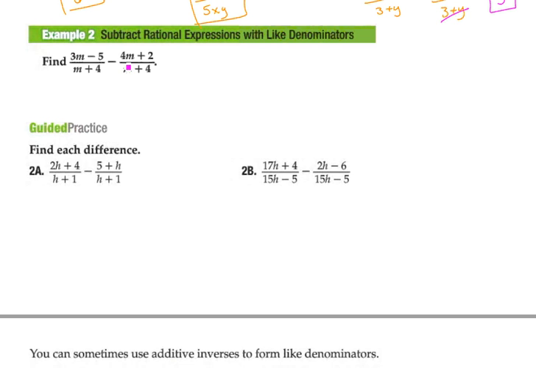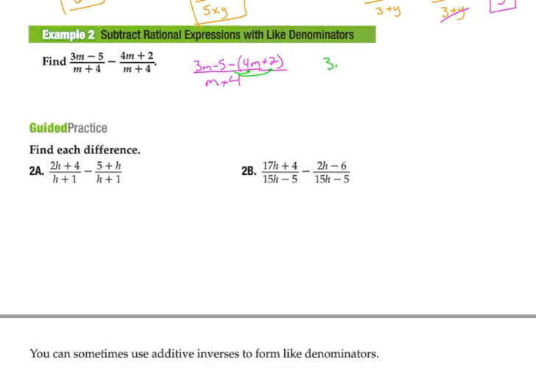We can just see this again as a little bit of the distributive property. So how I'm going to rewrite this is I realize that I'm going to have the denominator of m plus 4. My numerator is going to be 3m minus 5, and I am subtracting the quantity of 4m plus 2, which means I have to distribute that negative through.